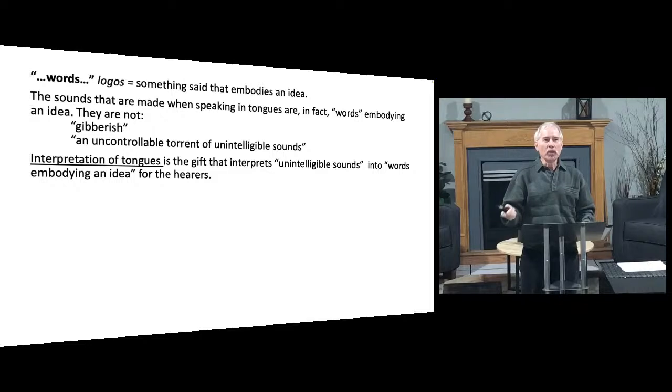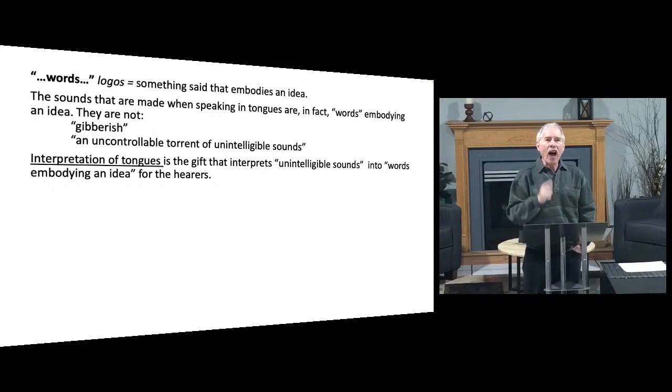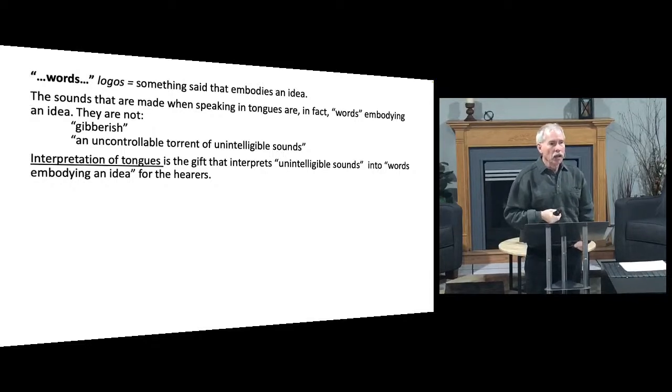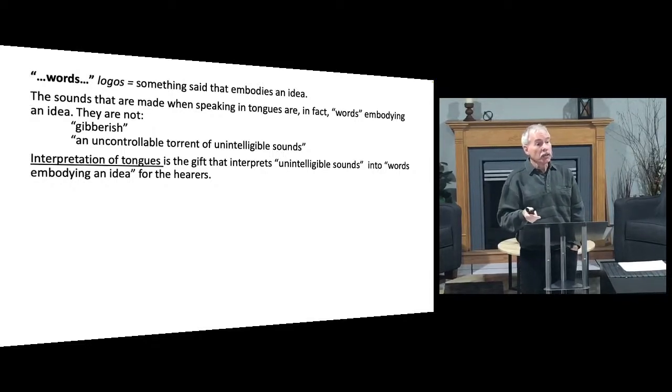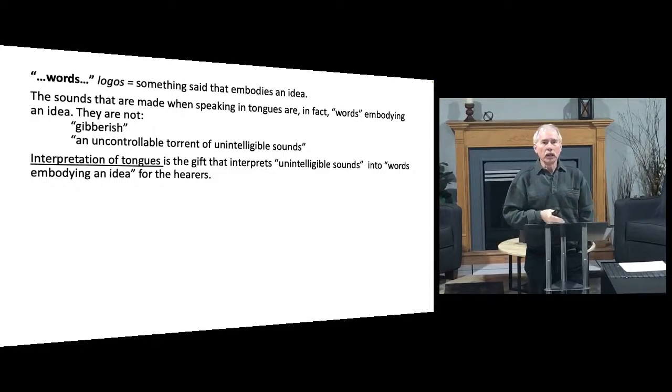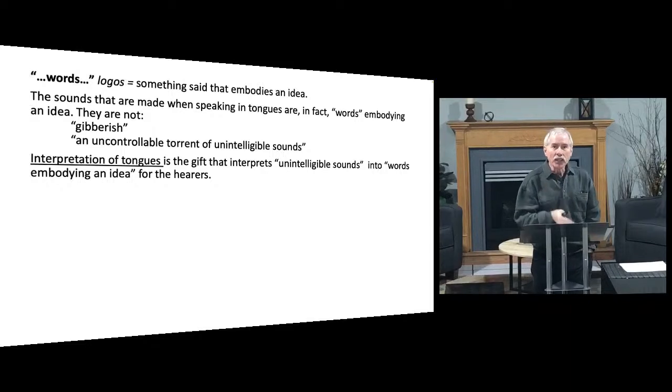This is the same word he uses at the beginning of the sentence where he says, I would speak 5 words with my understanding. Of course, we know that if he speaks 5 words with understanding, it embodies an idea. But the thing that we don't realize is that he uses exactly the same word to tell you what the content of speaking in tongues is. It embodies an idea. Every single word that is spoken in an unknown tongue embodies an idea.